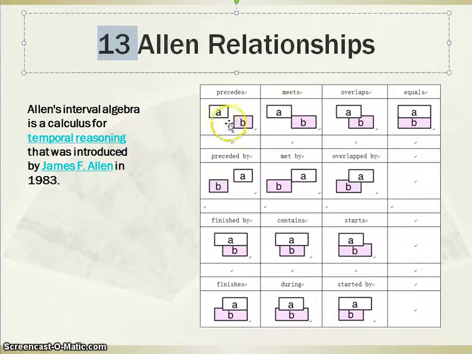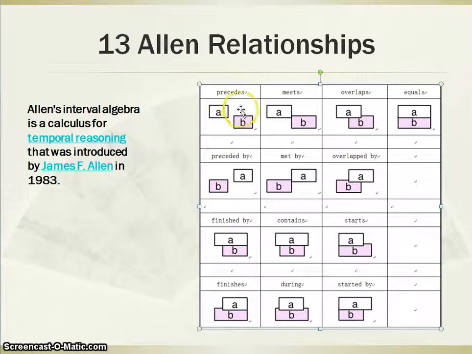For example, if time period A begins and finishes before time period B, we call it A precedes B. If time period A finishes and time period B begins, we call it A meets B.